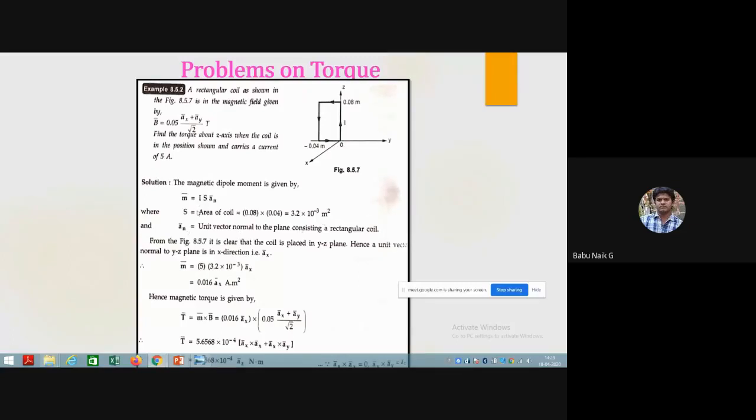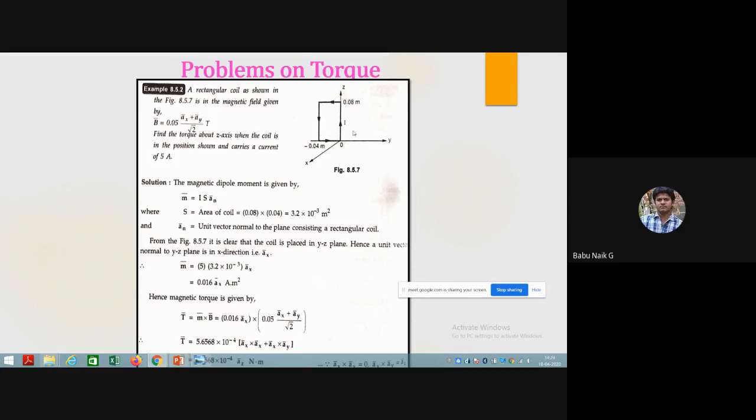Now a cap n is the normal to the plane of the rectangular coil. Here the coil is on the yz plane, so a cap n is along the x axis.